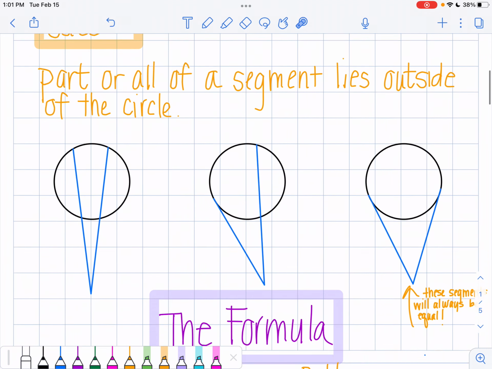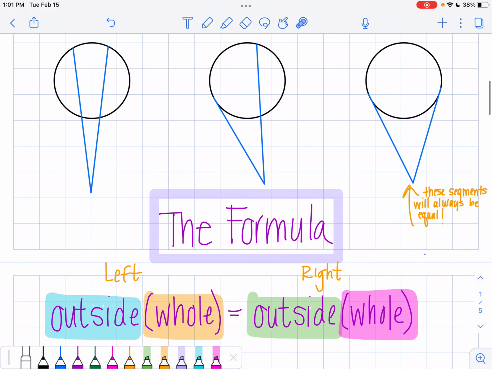So the formula is we're going to take the outside part of the line segment and multiply it by the length of the whole line segment. So I'm going to show you what I mean for each one. In this case, you want to think of each line segment, you're going to multiply those pieces together. So I like to think of it, in this case, as the left and the right line segment.